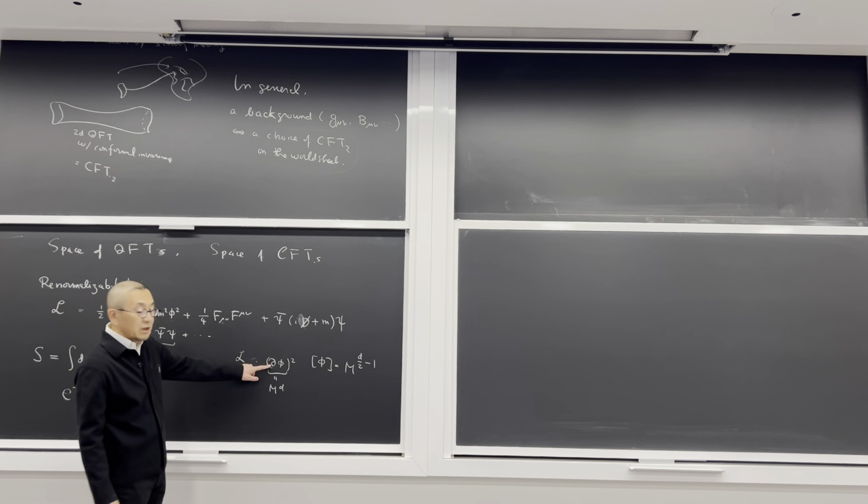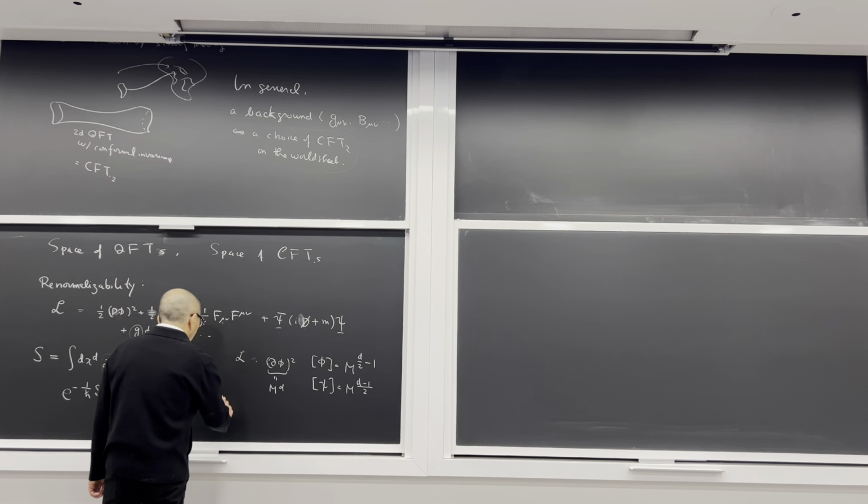So for the Maxwell field, there are various conventions, but one convention is that if you define the covariant derivative like that, without any terms with mass, then the mass dimension of the Maxwell field has to be the same as the derivative, so this is equal to 1.